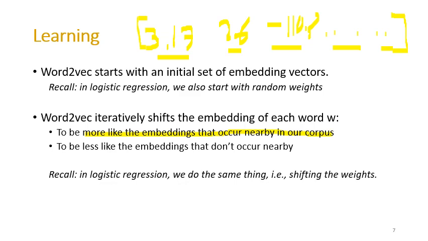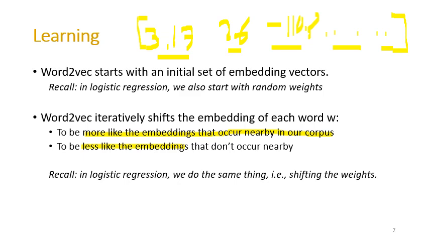So if the words apricot and jam appear together a lot, word2vec will shift the vectors of apricot and jam to be more similar. However, if the words apricot and aardvark rarely appear together, then word2vec will shift the vectors such that they will be less similar to each other.